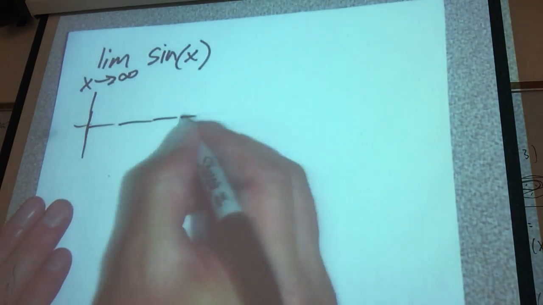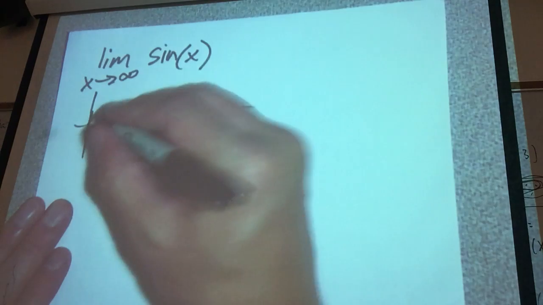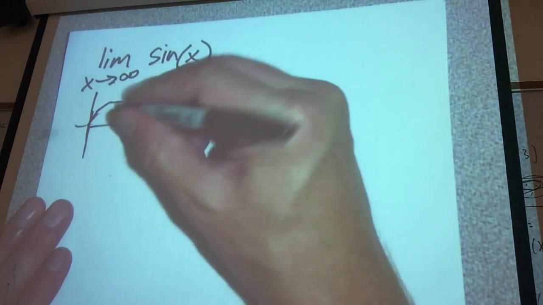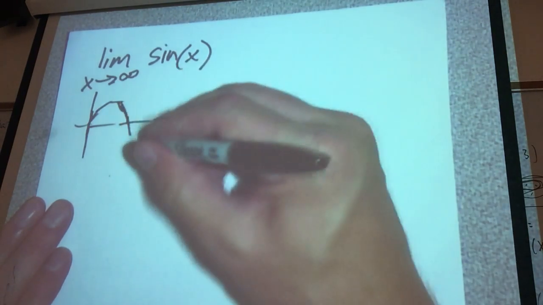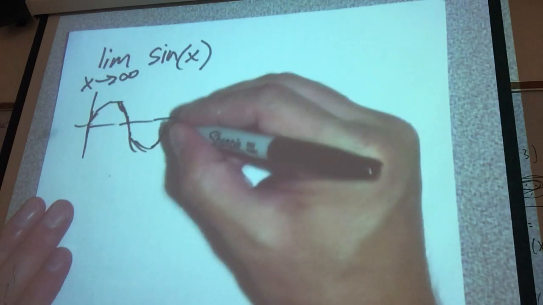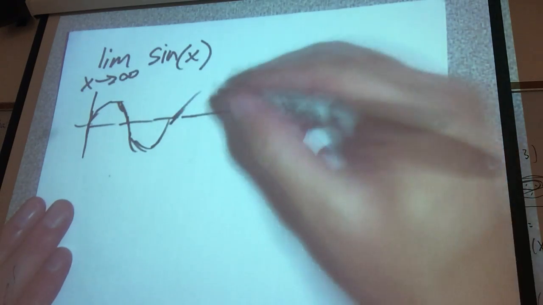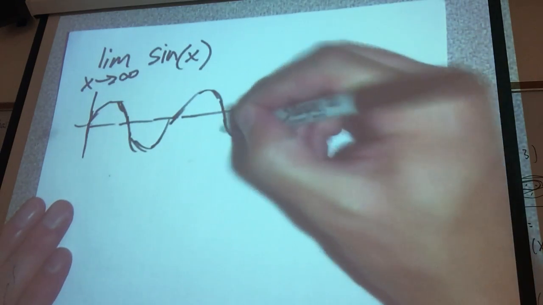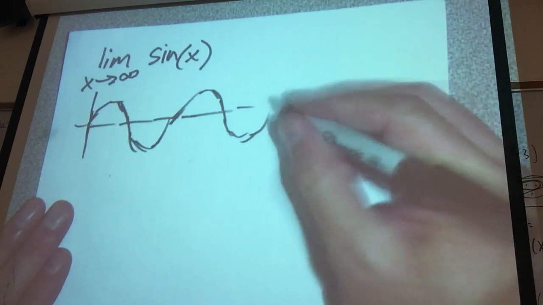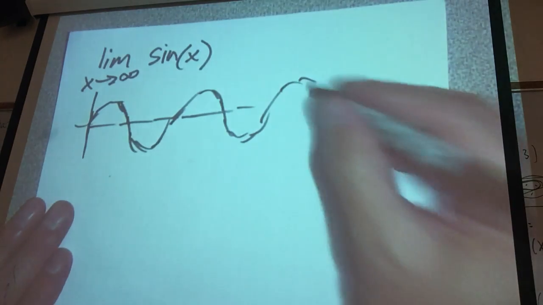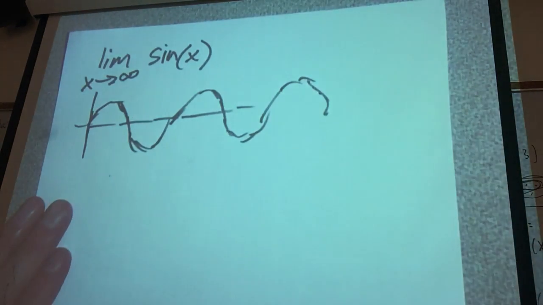Now, what does sine of x look like? Sine of x is a wave. It is a wave, and it's going to stay being a wave.